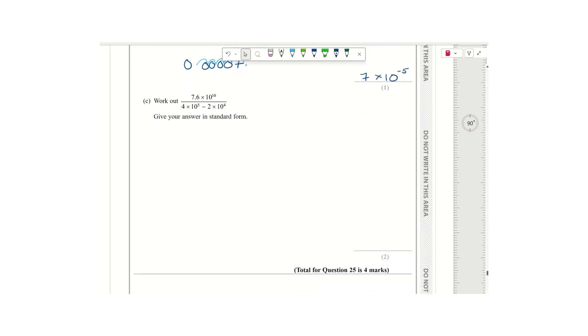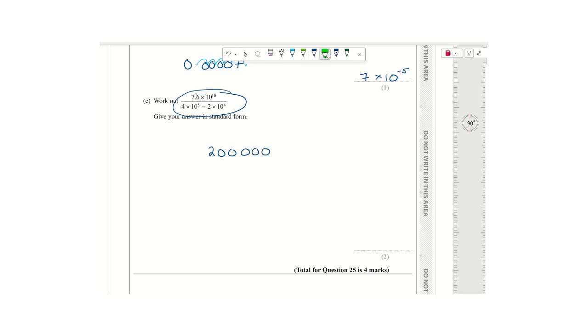Part C, you're going to put that exactly as it is into your calculator using your times 10 to the power button and your fraction button. It will probably give you an answer that isn't in standard form. So when I plug that as it is into my calculator, it gives me 200,000.